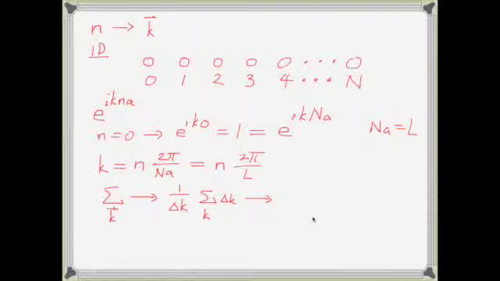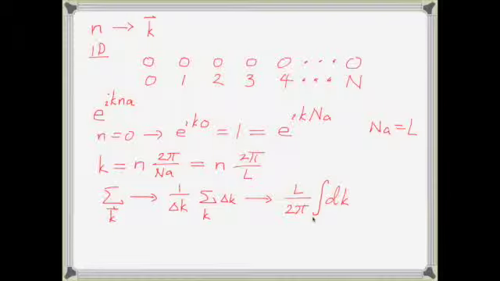And so you get L over 2 pi integral dk, and the limit is we let L go to infinity. It may bother you that we have an L out front, which we're letting go to infinity.